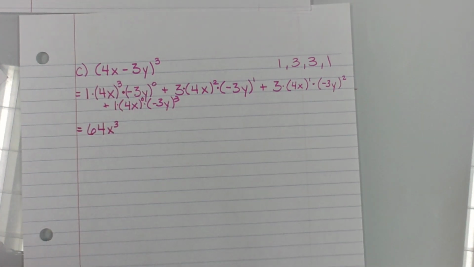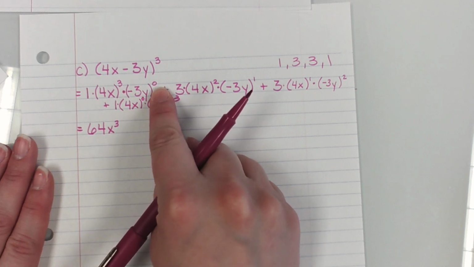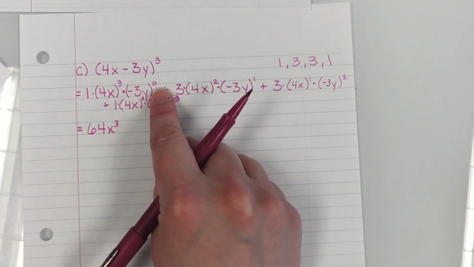There's no y on that one? No, you had it right. There is no y because that is to the power of 0, and anything to the power of 0, including variables, becomes the number 1.